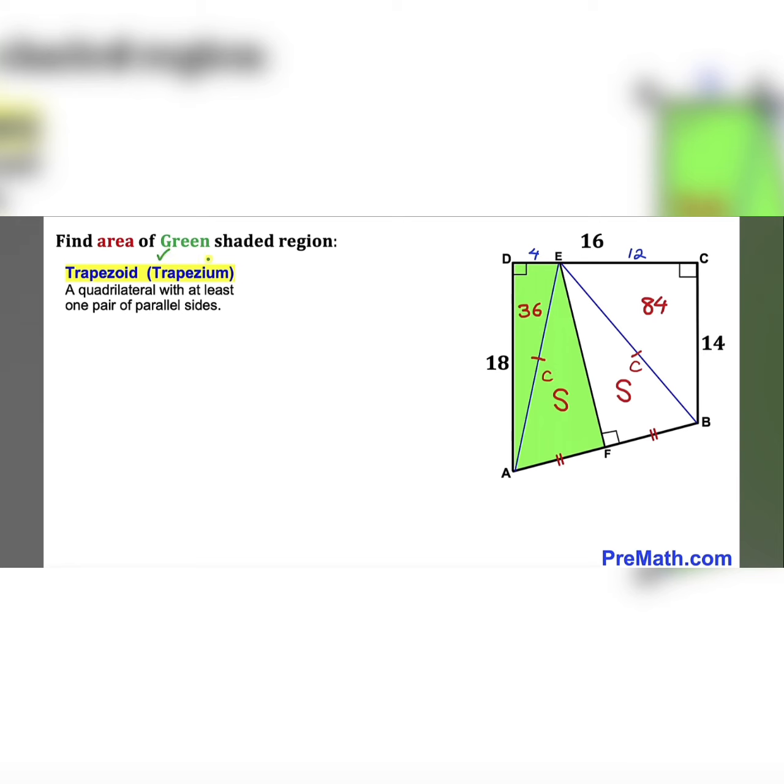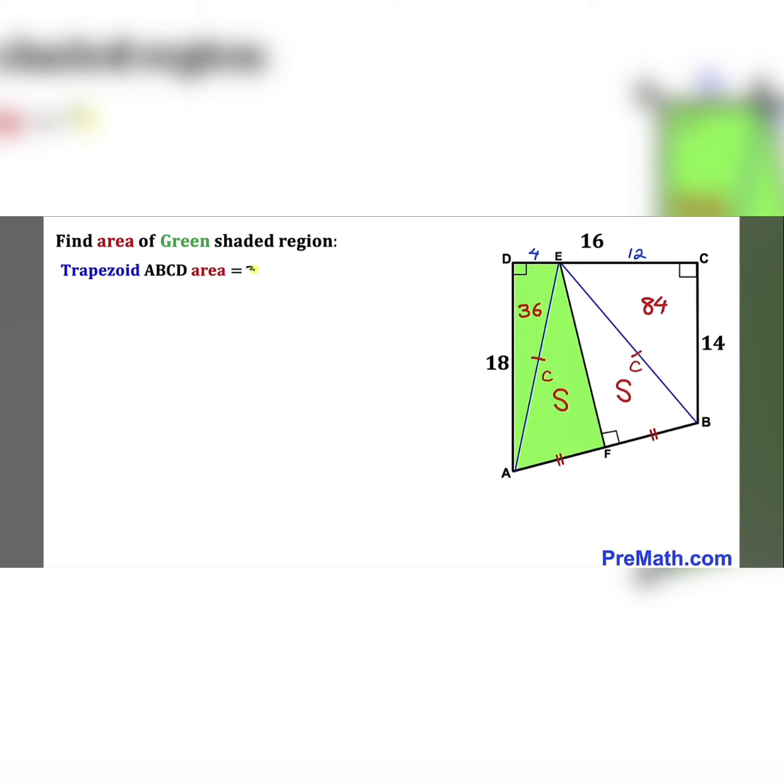Now let's recall the definition of the trapezoid. Sometimes we call it trapezium. A quadrilateral with at least one pair of parallel sides. Therefore, we conclude that this quadrilateral ABCD is indeed a trapezoid. So the area inside this trapezoid ABCD is going to be the sum of these individual areas: 36 plus S plus S plus 84.